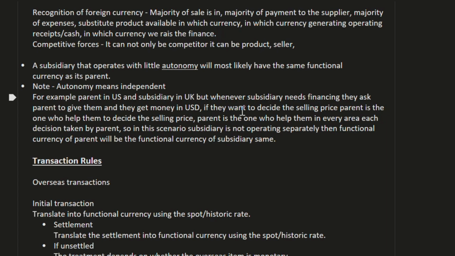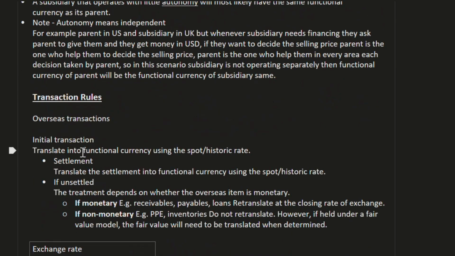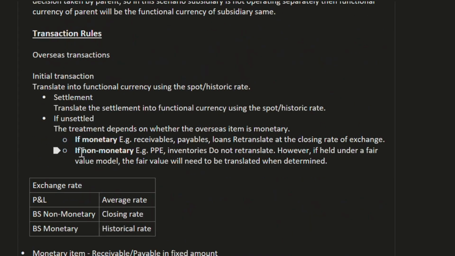If they want to decide the selling price, the parent is the one who helps them decide it. The parent helps in each decision. So in the scenario where the subsidiary is not operating separately, the functional currency of the parent will be the functional currency of the subsidiary.